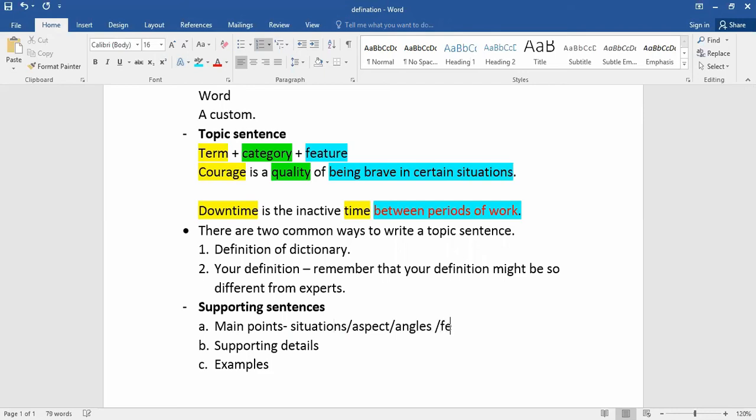As well, it is possible to discuss it according to each field. So after the main point, you have to add details. Supporting details are mostly explanations.